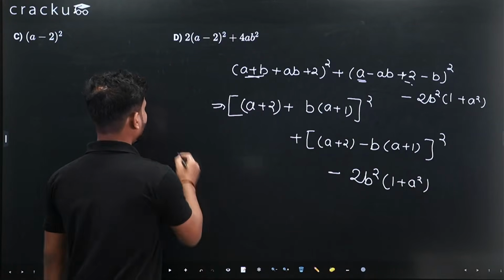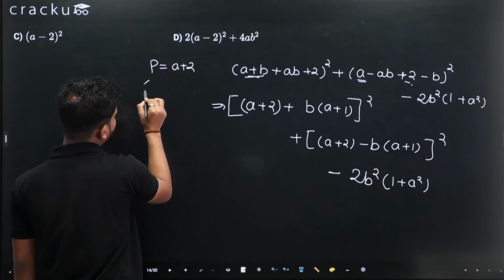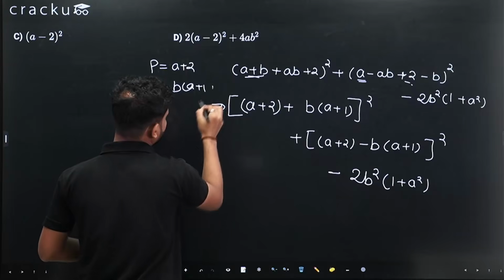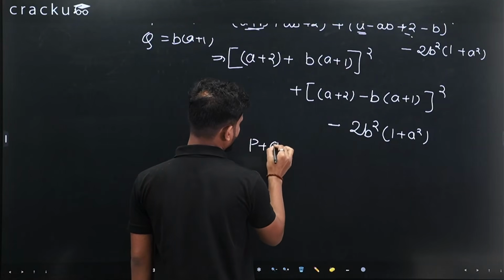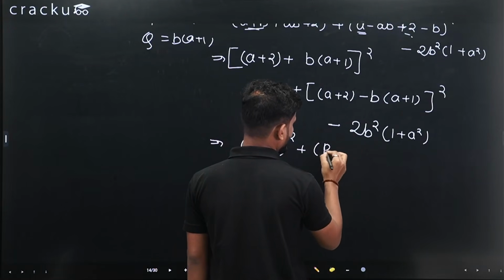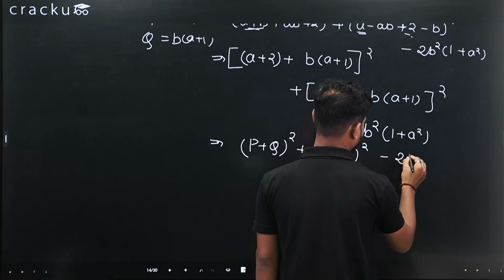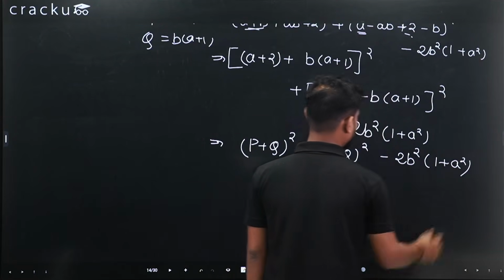Now let us put p is equal to a plus 2 and q is equal to b into a plus 1. From here what I get? I get (p plus q) whole square plus (p minus q) whole square minus 2b square into (1 plus a square), correct?